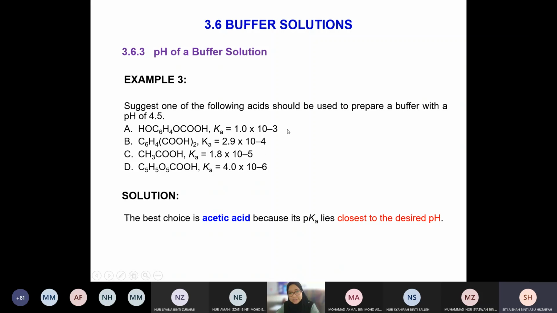Check ni pKa dia berapa, ni pKa dia berapa, calculate. Cuba calculate sekarang. Cuba calculate, tekan calculator kat tepi tu. pKa dia berapa, and then compare, and then turns out that acetic acid is the closest, has the pKa closest to 4.5. Cuma dia tak beritahu lah kat sini so you kena calculate sendiri. Berapa yang closest to. What do you mean by closest? How close is close? Okay, alright.